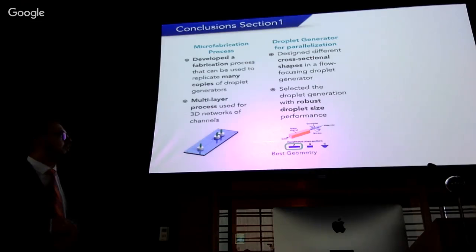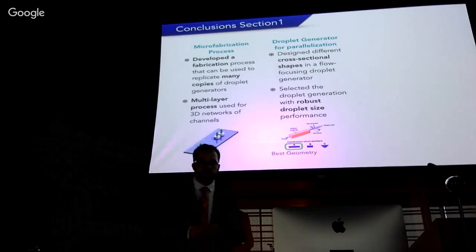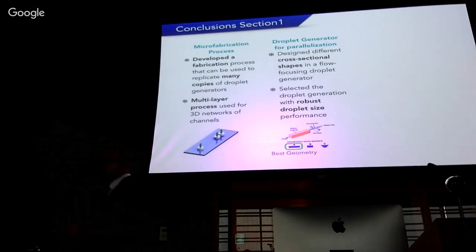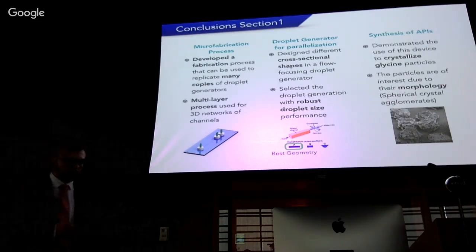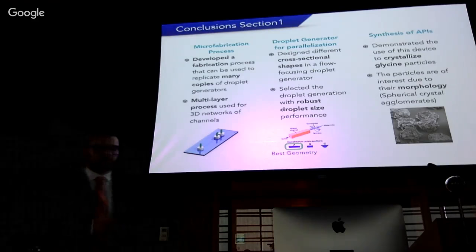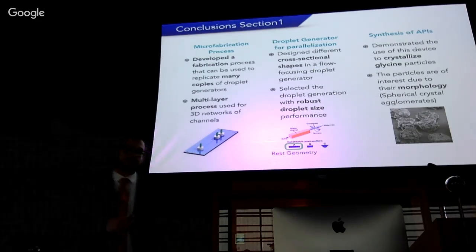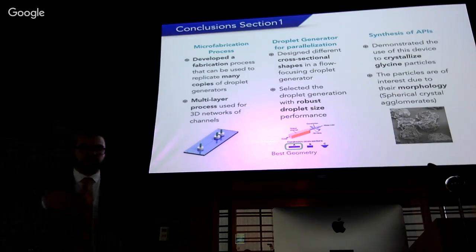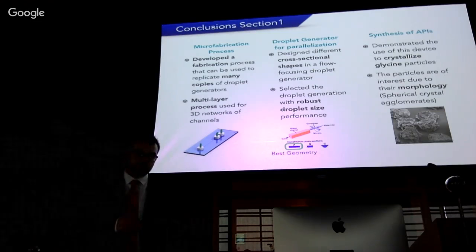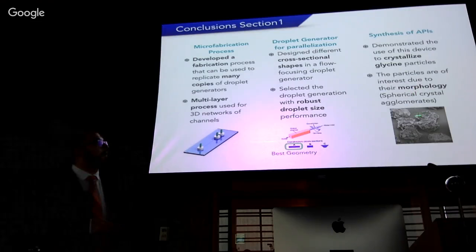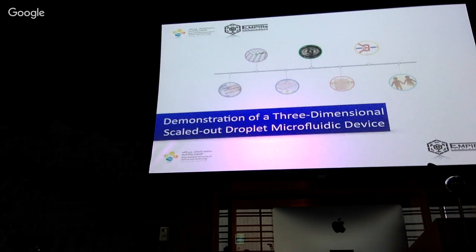And we found that this one is a little bit more robust to flow variations, and it produces droplet sizes that are more or less stable. And the third part of this first section is we use this to crystallize active pharmaceutical ingredients. And we achieve the spherical agglomerates that is of interest to the big pharma companies.